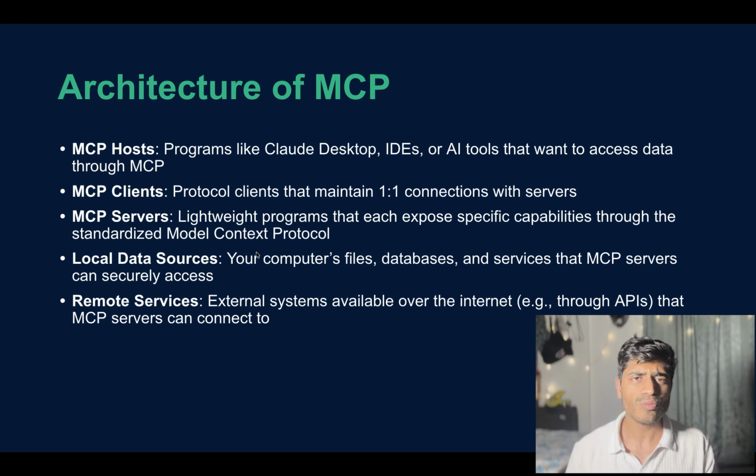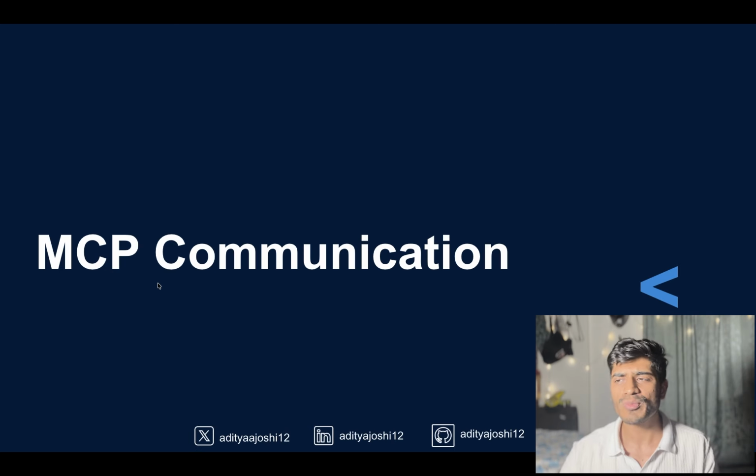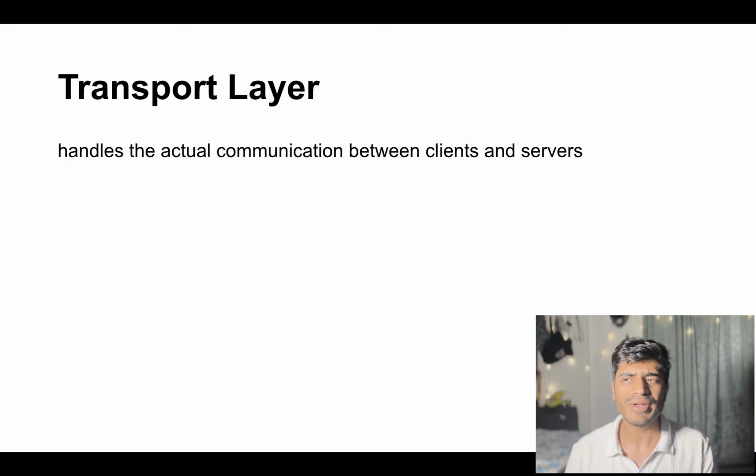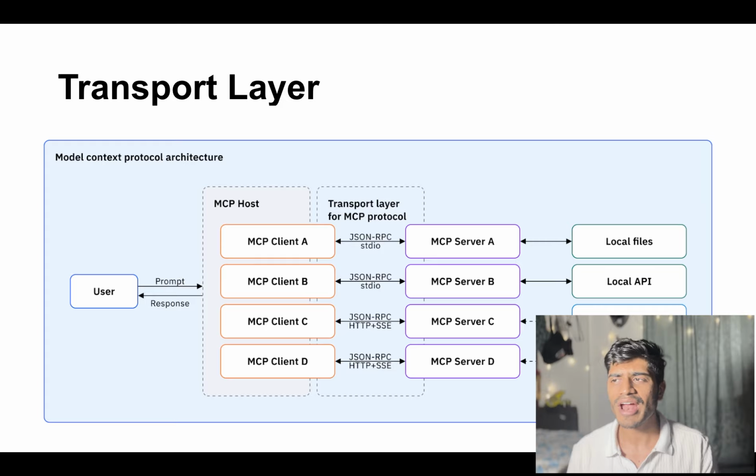Now let's talk about how these MCP servers communicate. They use something called a transport layer, and behind the scenes, this transport layer is responsible for handling the communication between the client and the server.